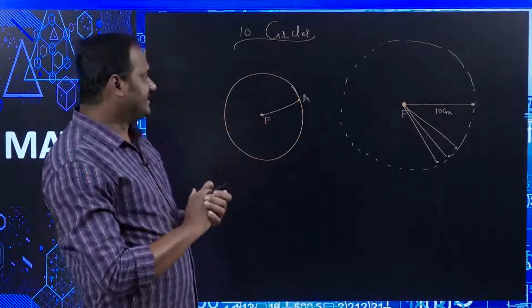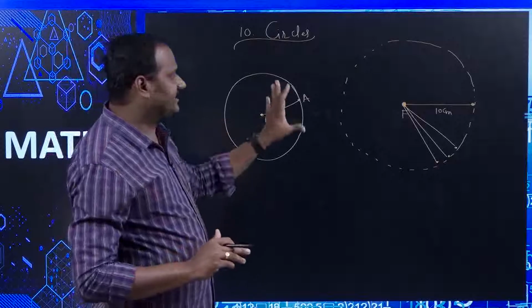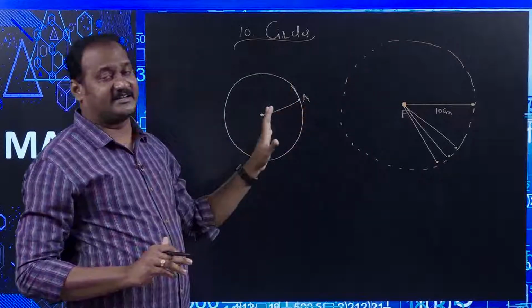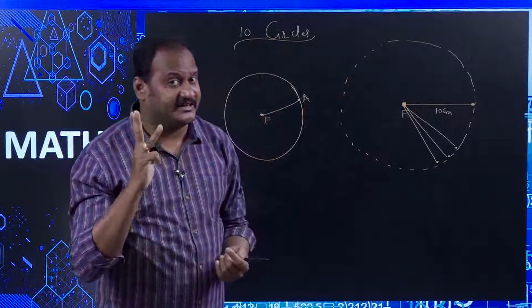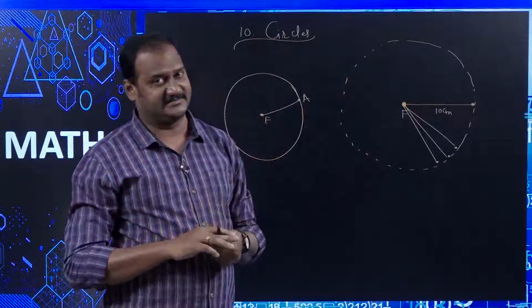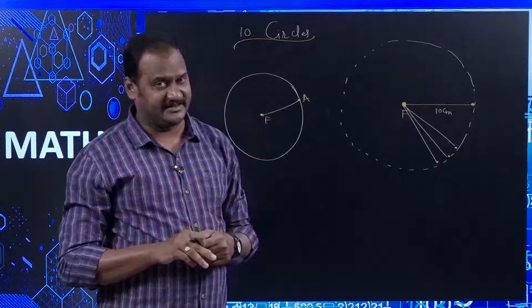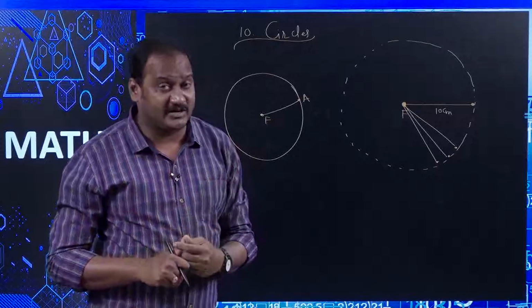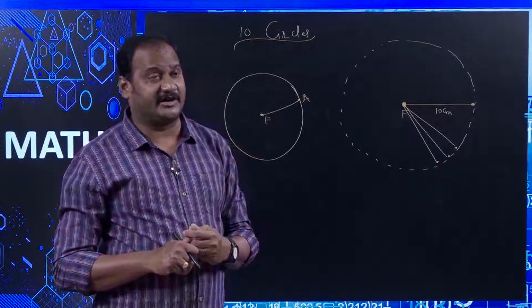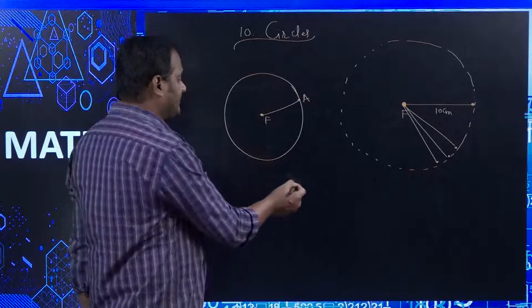See, if you draw a circle in a plane, then the circle divides the plane into 3 mutually disjoint sets of points. Did you understand? What are those 3 mutually disjoint sets of points? For example, I am taking one point here.